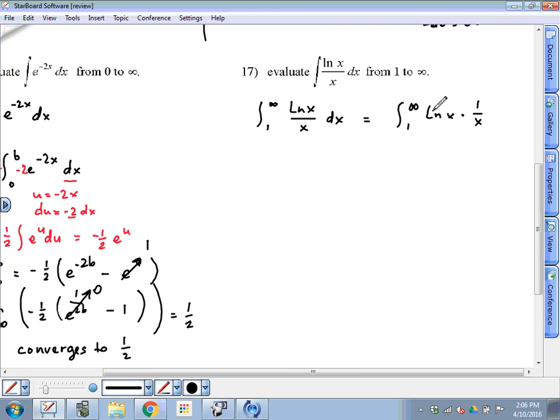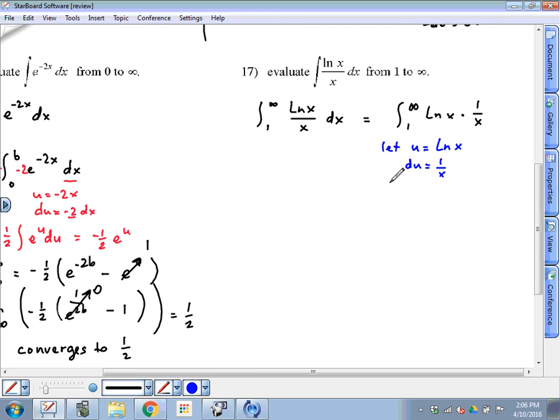Now, you see here that we have an inside function of x inside of a natural log. Typically, we let u equal the inside function, but if we let u equal the entire function natural log of x, then du equals the derivative of natural log, which is 1 over x. So here we have u, and here we have du.